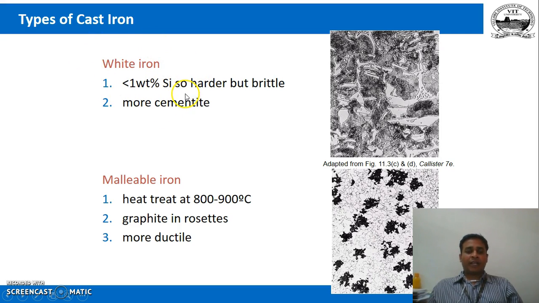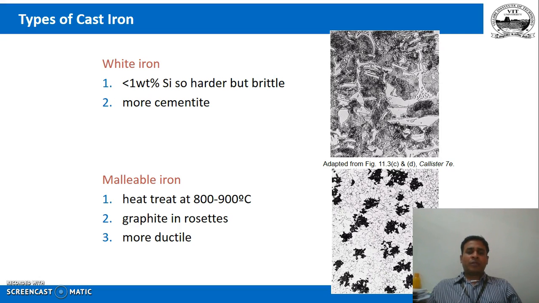That is why it is called white iron. It is not desirable because it is hard and brittle. Typically you don't want this white iron, only in very few applications where you want very high hardness, for example ball bearings.